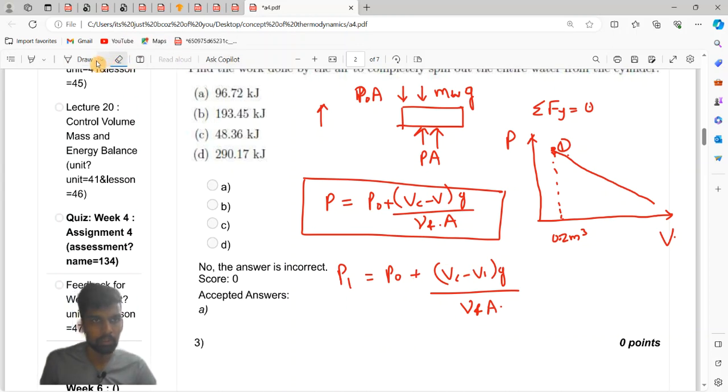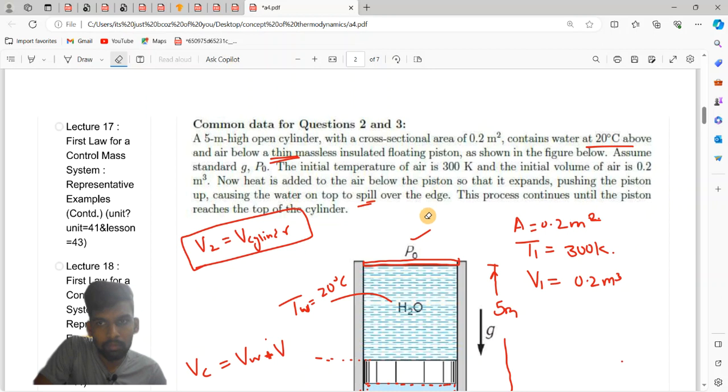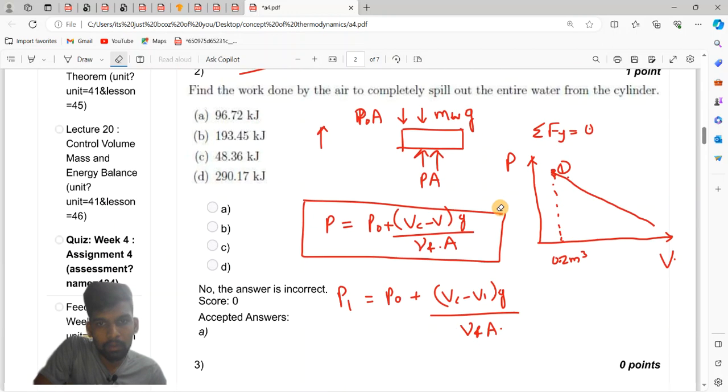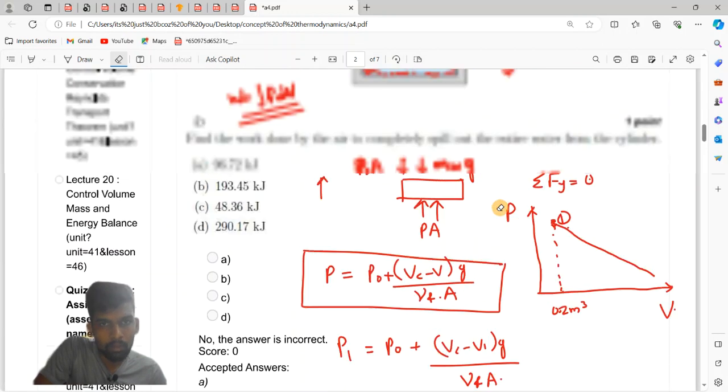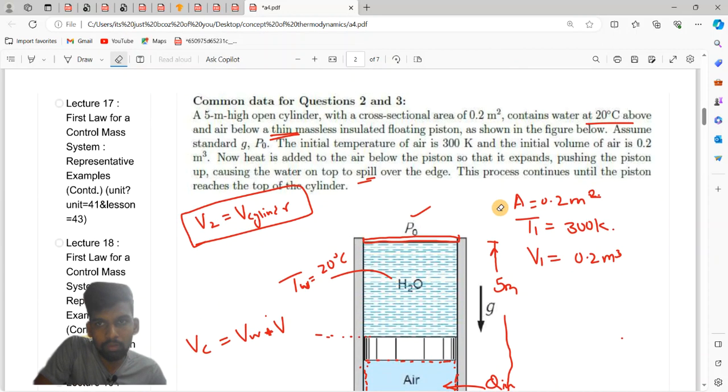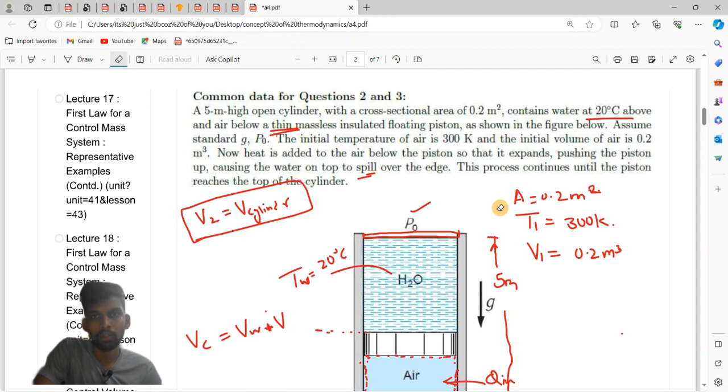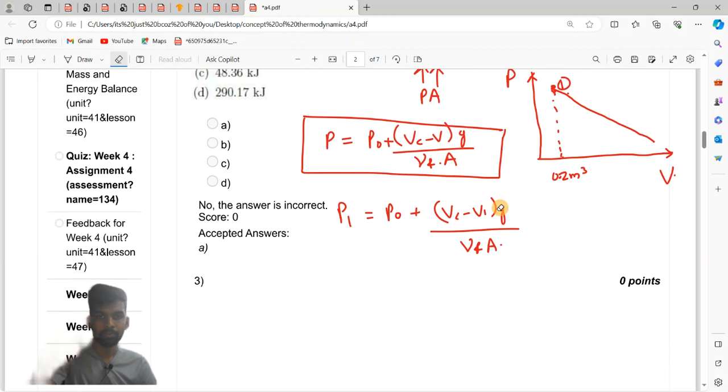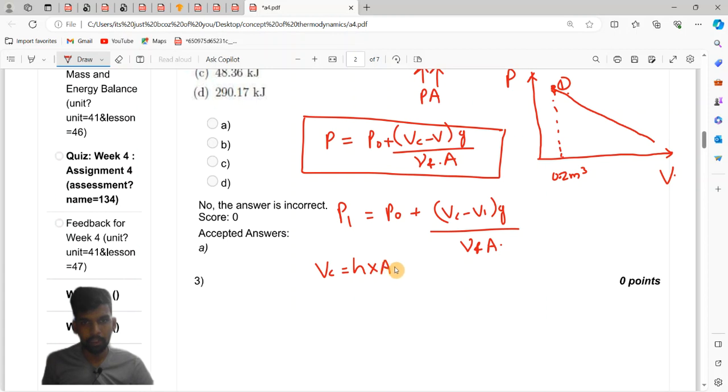P naught value is 101 kPa. The volume of the cylinder is nothing but the height of the cylinder times the area of the cylinder. The height is 5 and the area is 0.2, so it is 1 meter cube, the volume of the cylinder.